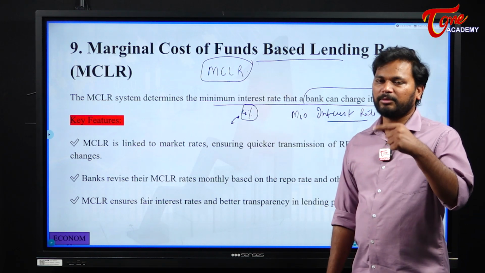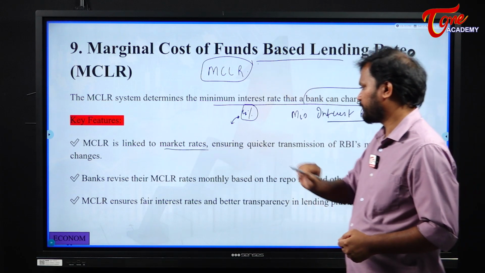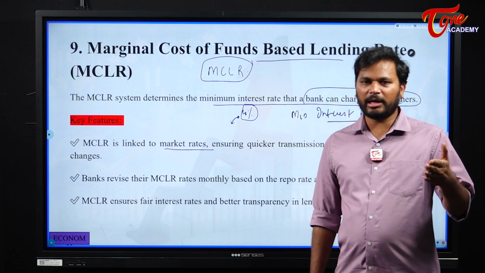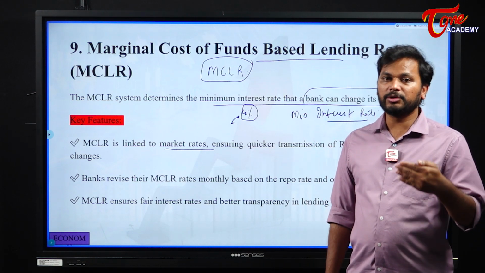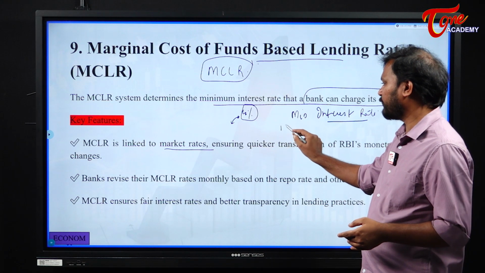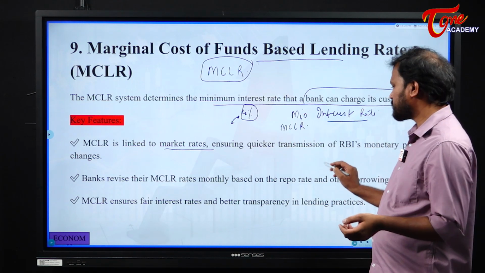Now, that minimum rate is completely based upon market rates. If more money needs to be provided in the market, then the MCLR will be brought down. If there is no need, then loans are made costly.